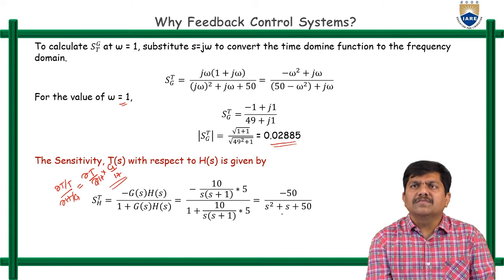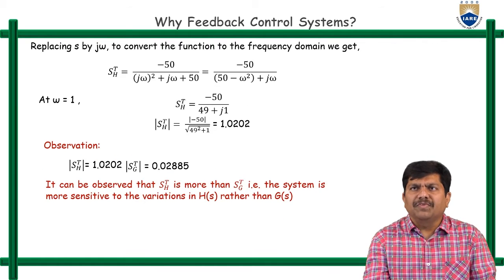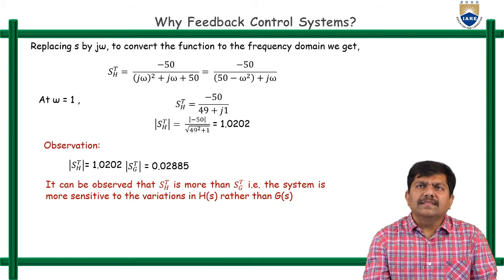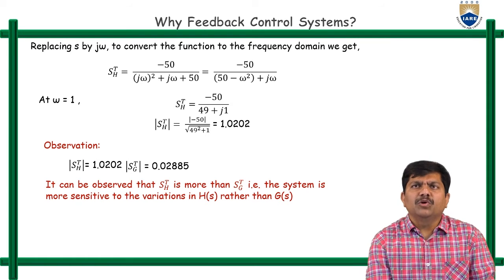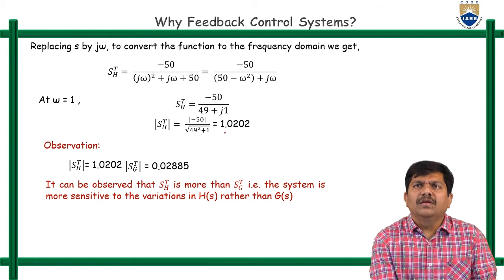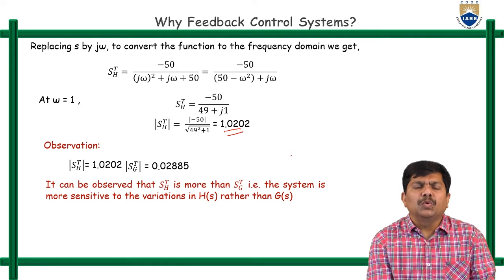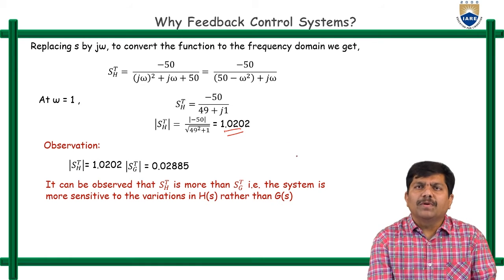If you substitute these values, it is minus 50 divided by s square plus s plus 50. So again the same thing, replace s with j omega and substitute omega is equal to 1. So this value is nothing but 1.02. So the sensitivity is about 1 or 2 percentage.